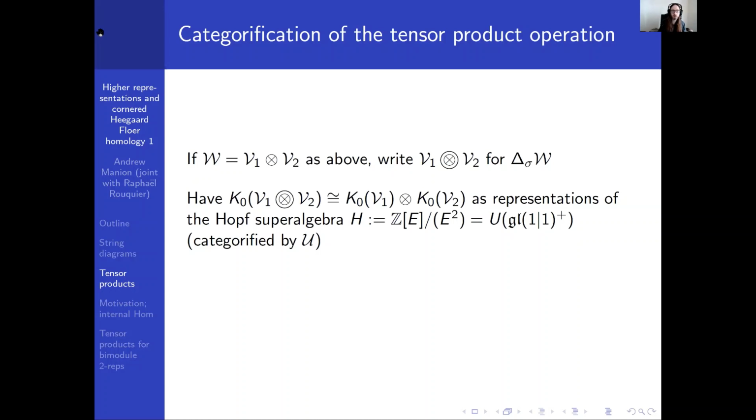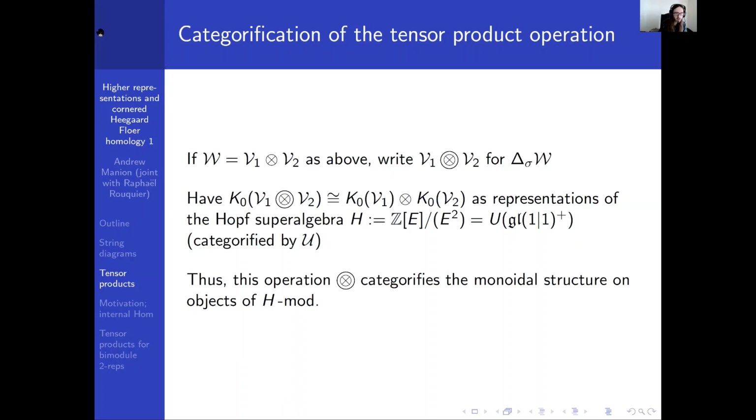We're trying to get versions that are especially adapted to that. But right now, what we have on the arXiv is basically the differential case rather than differential graded. So then we want to say U instead of U_q. All right, but that's the categorification statement you can make with this. So you can view this as a categorification of the monoidal structure, at least on objects of H mod.